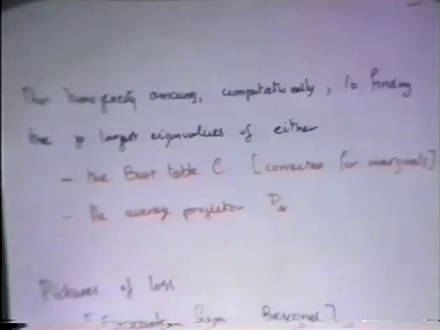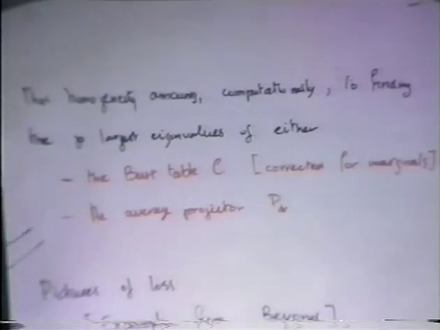Homogeneity analysis computationally means finding the p largest eigenvalues of either the Burt table, C, corrected for the marginals, because we are not computing the eigenvalues of C, but of D to the minus 1/2, C, D to the minus 1/2, or the generalized eigenvalues of the pair C, D, or computing the p largest eigenvalues of the average projector P star.